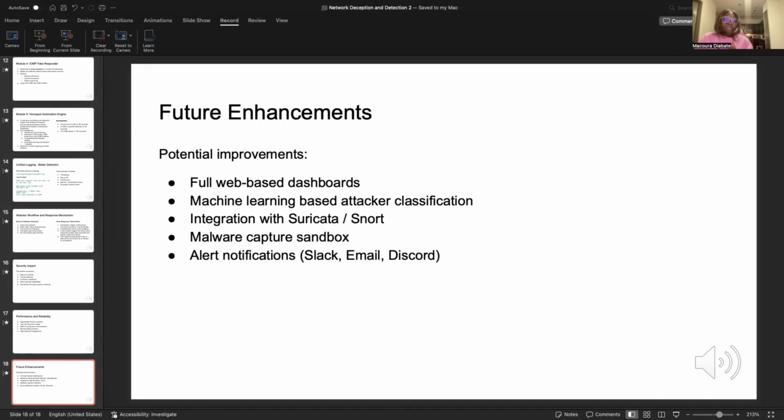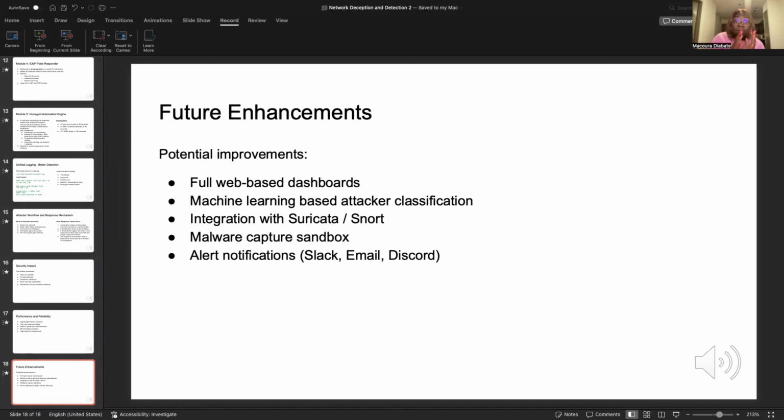So, future enhancements. The system is designed to be extendable. Future improvements could include a dashboard for visualization or integration with SIEM platforms.